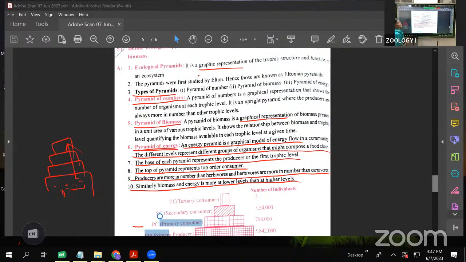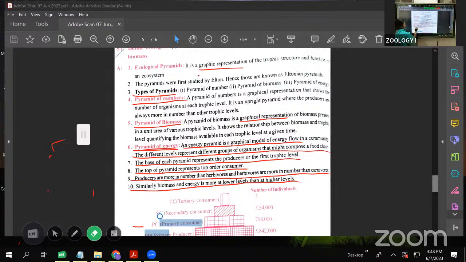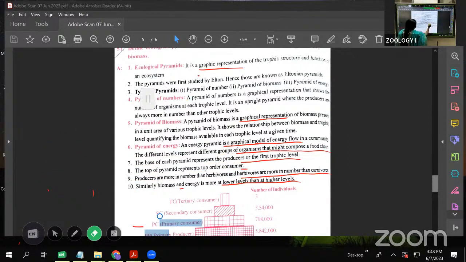Whether you take number, biomass, or energy, the lower, first trophic level will have more. Coming to the upper levels, the second, third, fourth trophic levels, they gradually decrease. This is about the pyramids. It is a graphical representation. This is an important one. You practice this one.